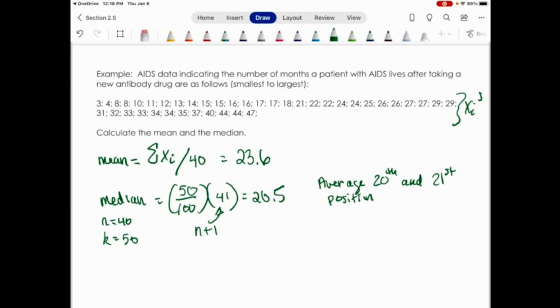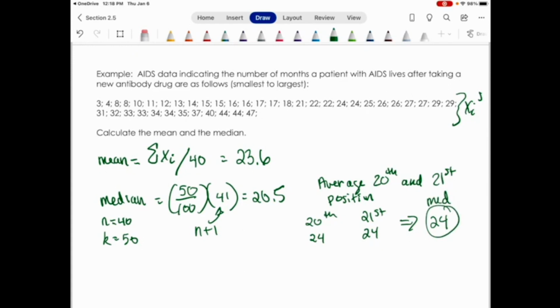When I count from smallest to largest and find the 20th and 21st positions, the 20th position is 24, and the 21st position is also 24. So when I find the average, I have 24 plus 24 divided by 2, and that's going to give me 24. So this is going to be our median.